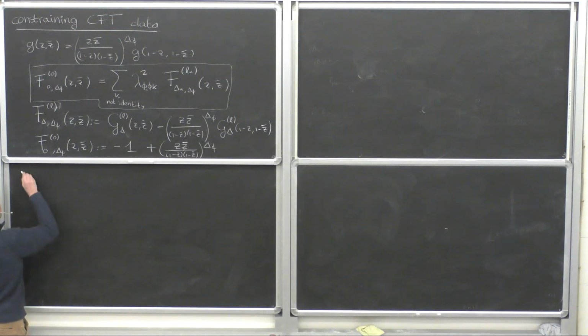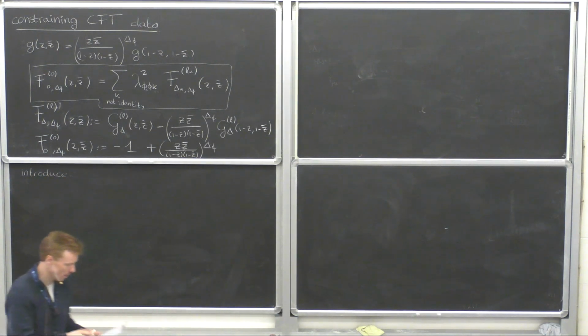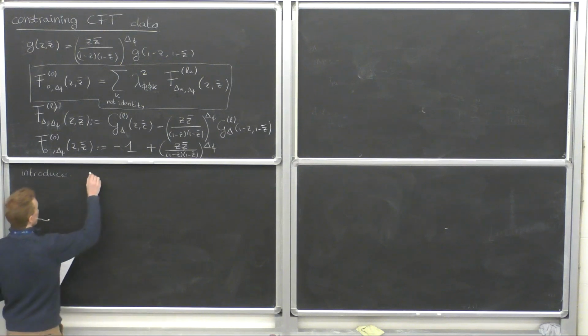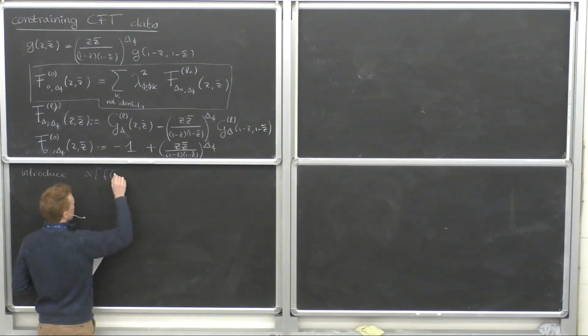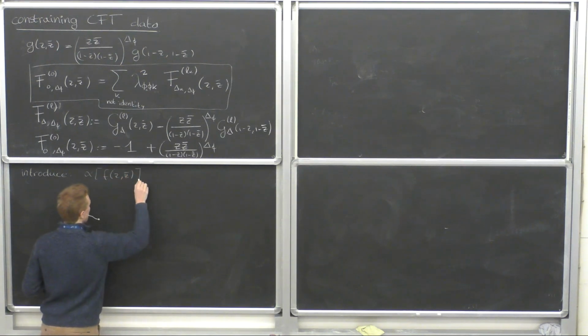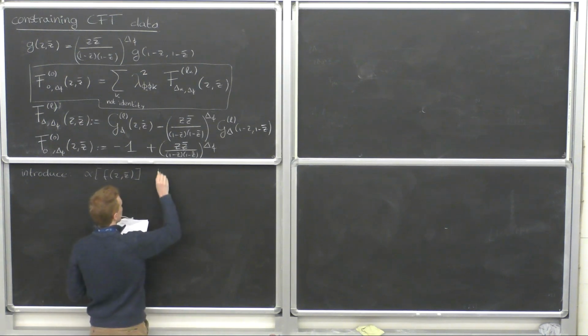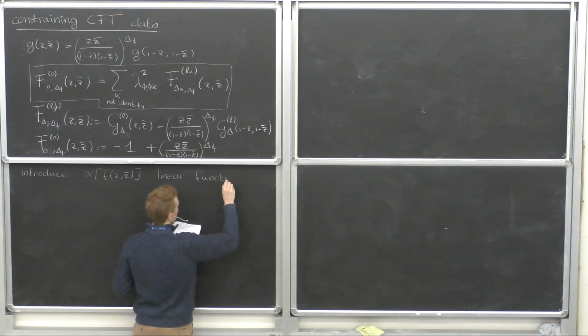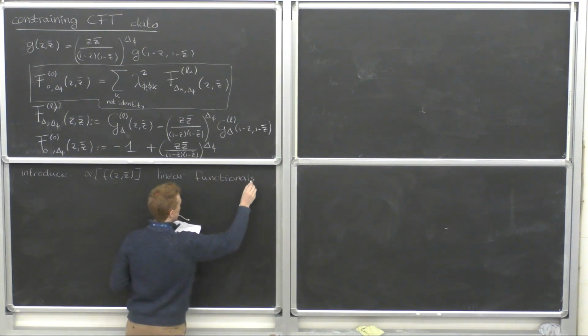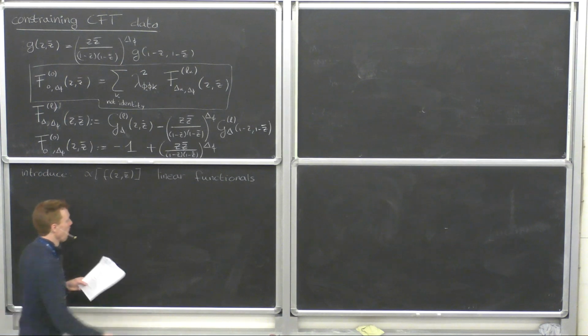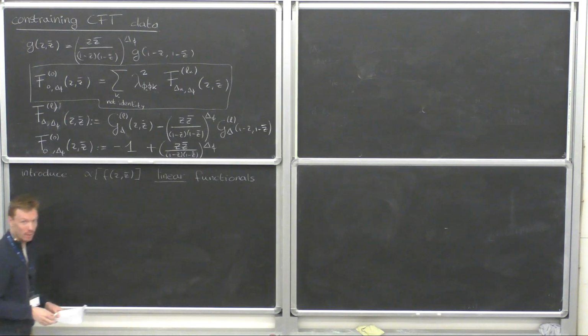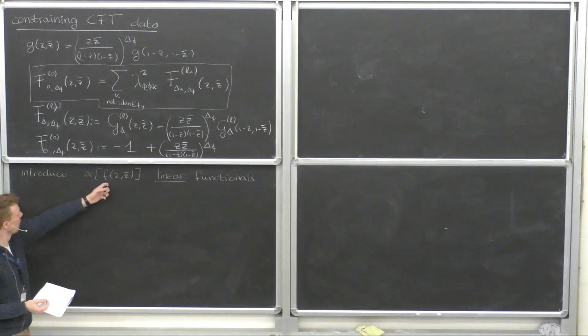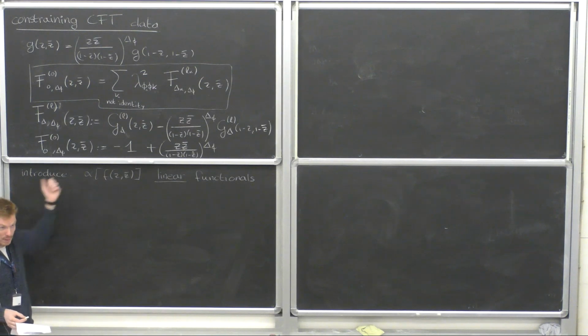So we introduce... So how do you prove that something cannot exist? Well, the way we do this, there might be other ways, but this is how we do it. We're going to look at functionals, linear functionals. So linearity, we know what it means, and a functional is something that eats a function and spits out a number.